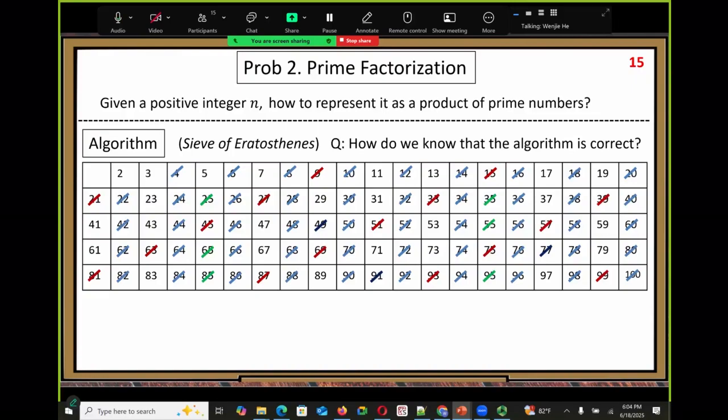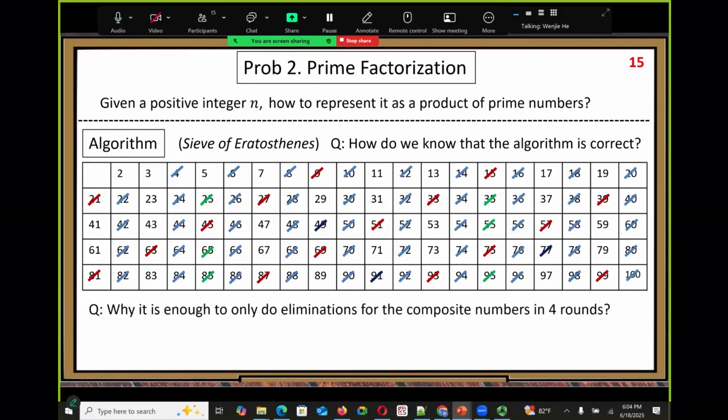Another question: why is it enough to only do eliminations for the composite numbers in 4 rounds? You don't need to do a 5th round.